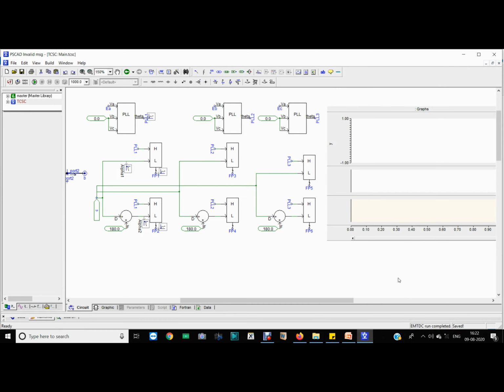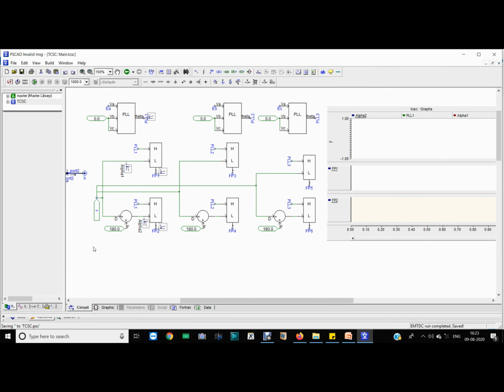Now we are comparing this PLL1 and alpha 1. So first take alpha 1, click on alpha 1, press the control key on the keyboard and drag it here. For PLL1, just drag it here, and this is your alpha 2. Now you will get firing pulse 1 here and firing pulse 2 here, right?